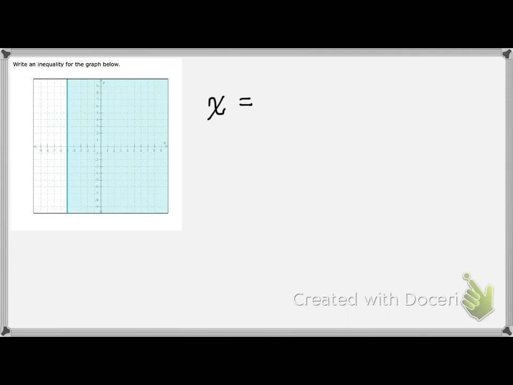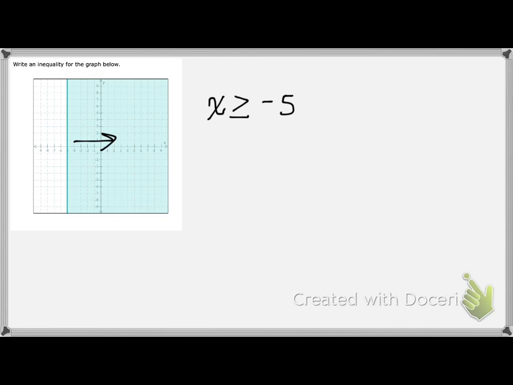So if I said x is equal to -5, that would be this vertical line. And then what's the inequality? Well, clearly I'm to the right of that, so that is going to have to be greater than. We want values of x that are greater than -5. And here finally we have a solid line, so this is where we need to do the equal to. x is greater than or equal to -5.